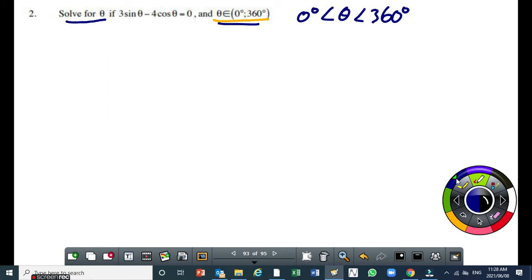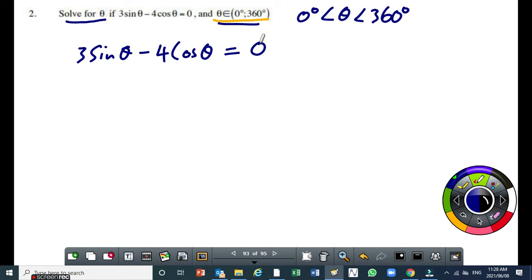So first thing, to write the equation, 3 sine theta minus 4 cos theta equal to 0. Now, usually when you get an equation like this where there is only sine and cos, and there's an addition or subtraction of those terms, it means you have to create tan.